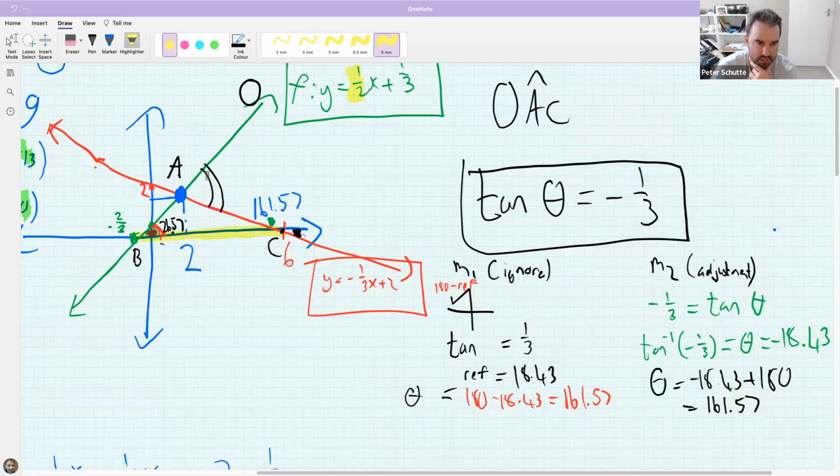What relationship is there between this angle over here and these two angles over here? Let me get rid of the green here. So I'll put 26.57.